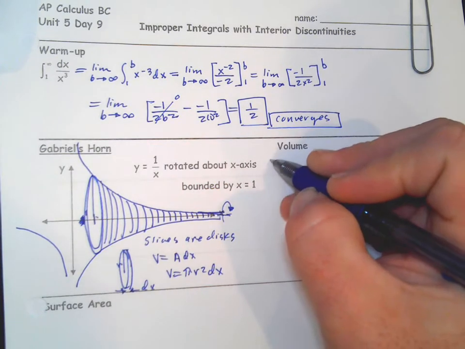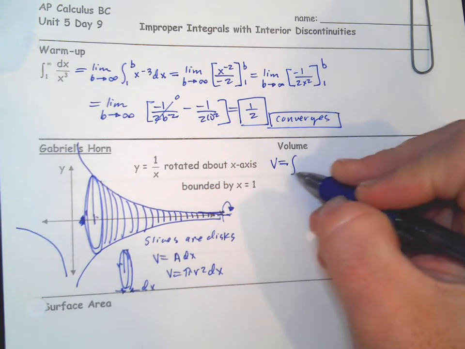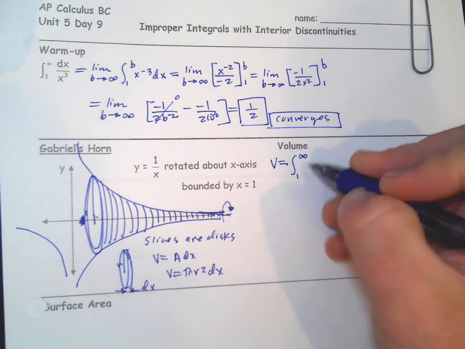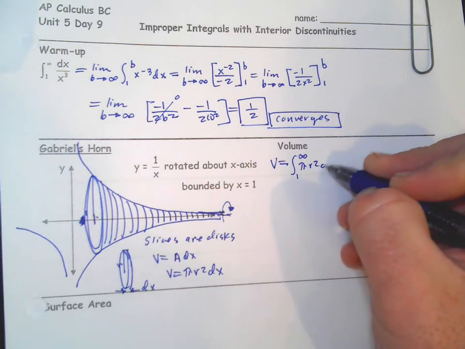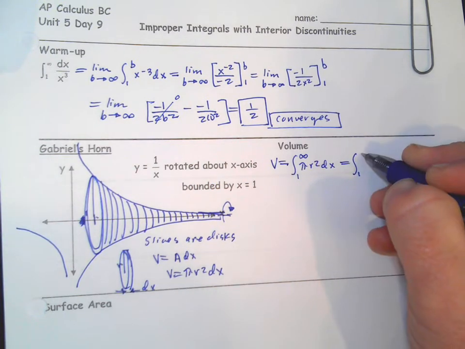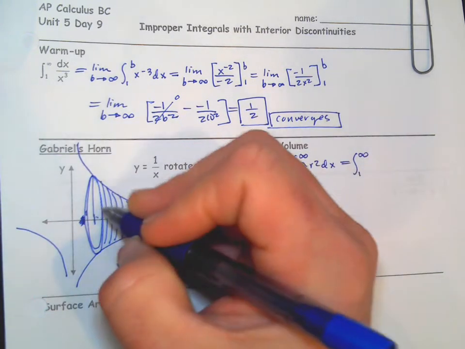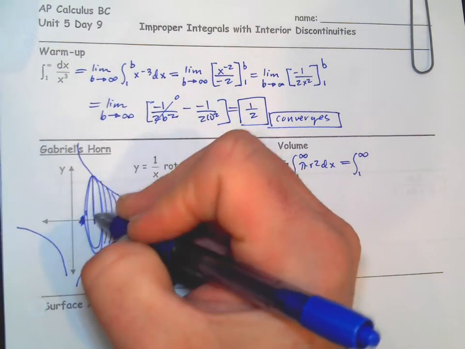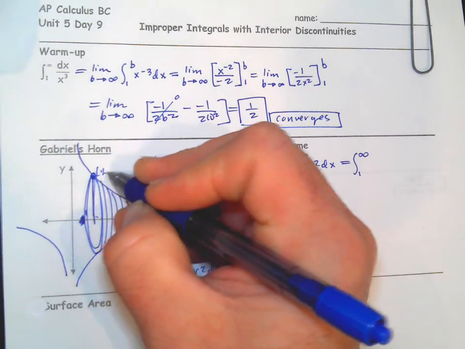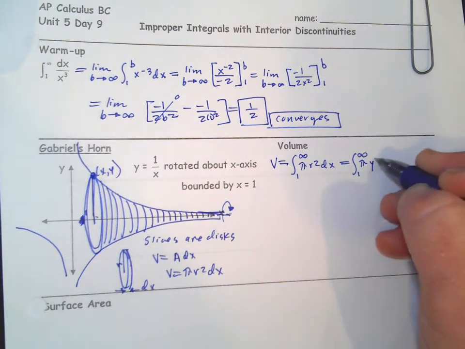So the volume is going to be the integral from 1 to infinity of pi r squared dx. We're going to want to write it in terms of x and y. So the radius of one slice is actually the y value along the curve, right? So we could say that it's pi y squared dx.